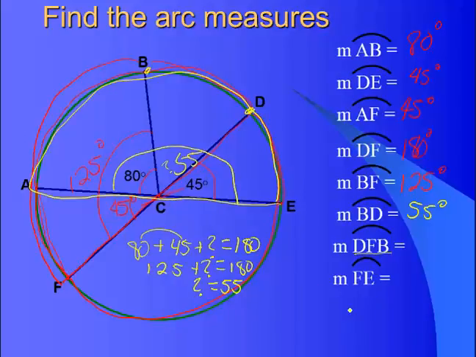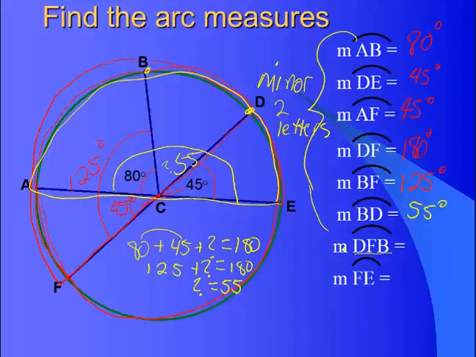Why three letters? That indicates that it is a major arc. So these are all minor, named with two letters. This indicates a major arc.